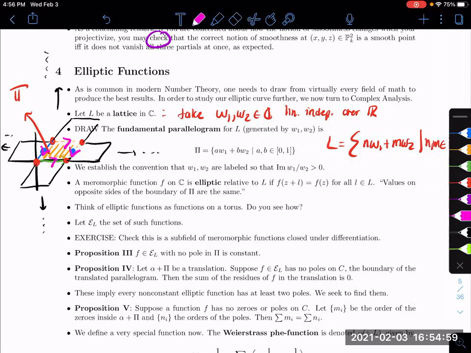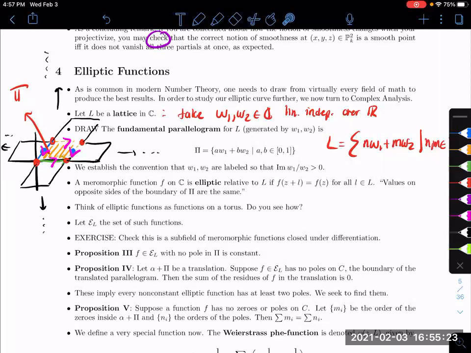What's the natural motivation for identifying pairs of opposite sides? My elliptic functions take the same value at points that are identified oppositely. So that's why you can think of elliptic functions as functions on a torus, because this periodicity condition basically means, why don't you just go ahead and glue these points where the function takes the same value anyway? Why don't you just go ahead and glue those together?